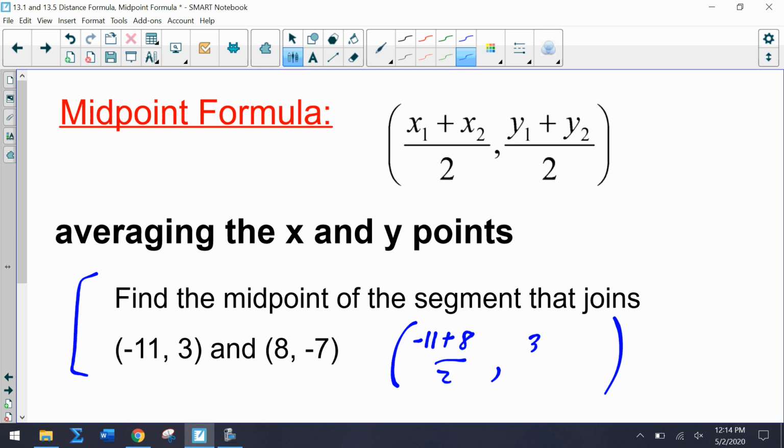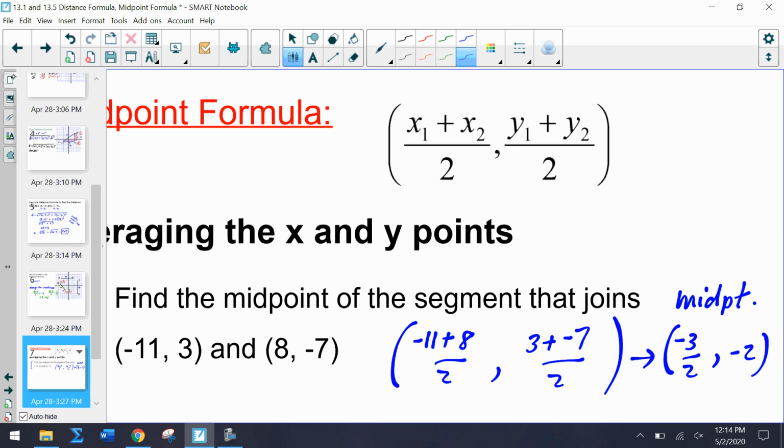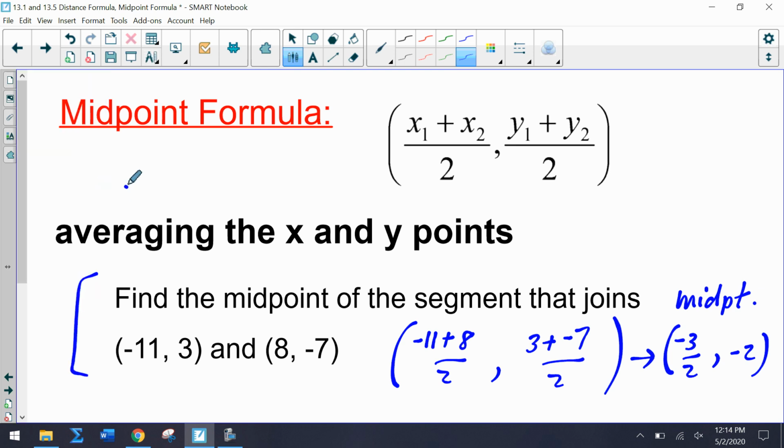And then what's 3 plus -7 over 2? And so here I get -3 over 2, and then here I get -4 over 2, which is -2. So we know that this is the midpoint. So having these formulas is going to be useful in finding the distance between the two, and then also the midpoints.